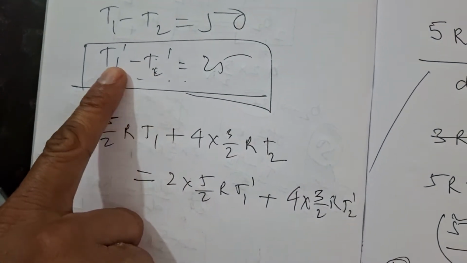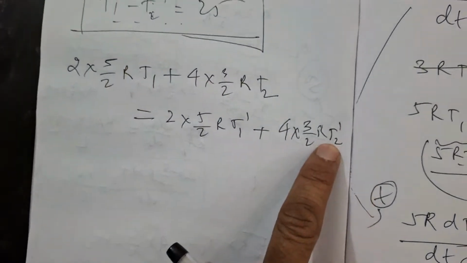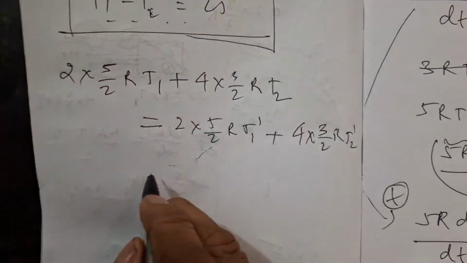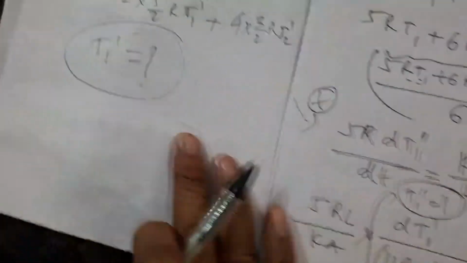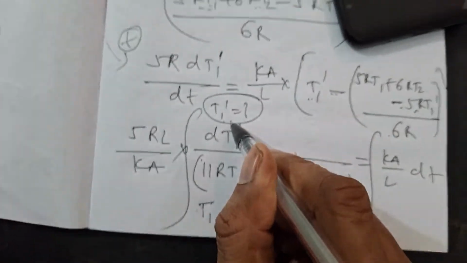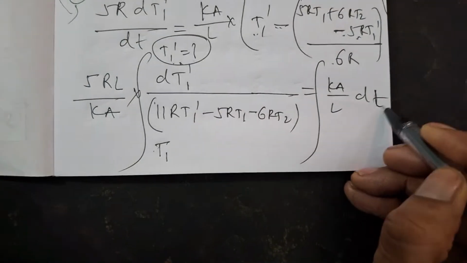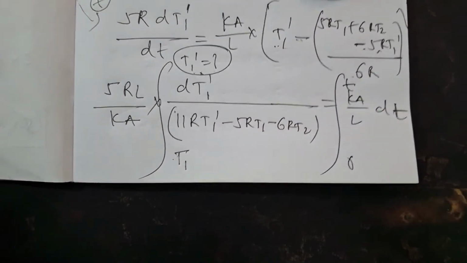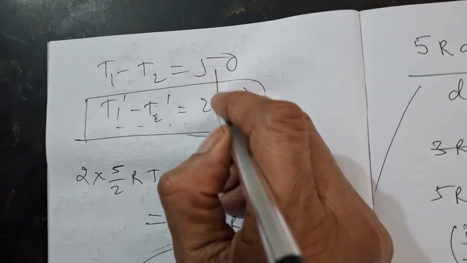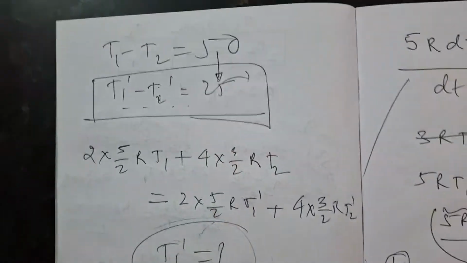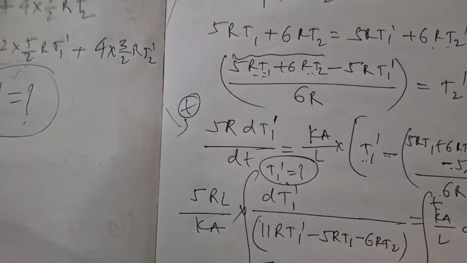From T2, you know T1 prime minus 25, put here. You will get the value of T1 prime. Now please put this T1 prime here in the upper limit. You will get the answer. The time from 0 to t is the time after which the temperature difference becomes 50 to 25. Now it's your work, which is easy. Only calculative. Solve these questions.